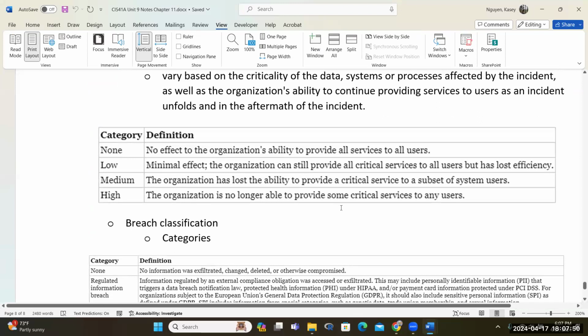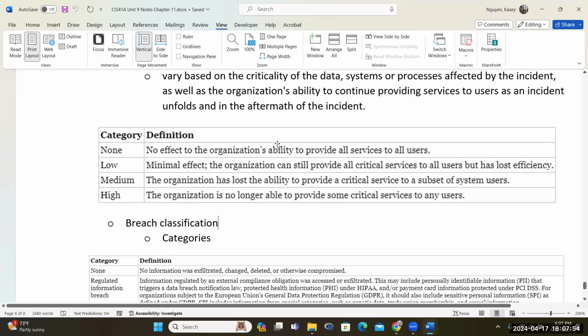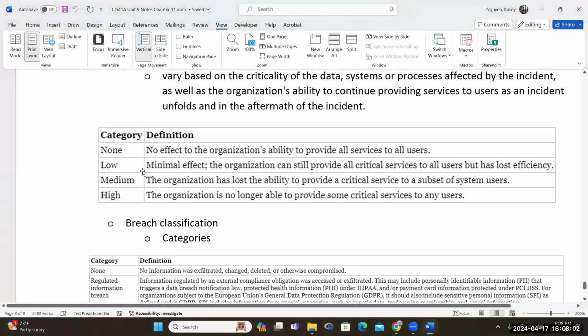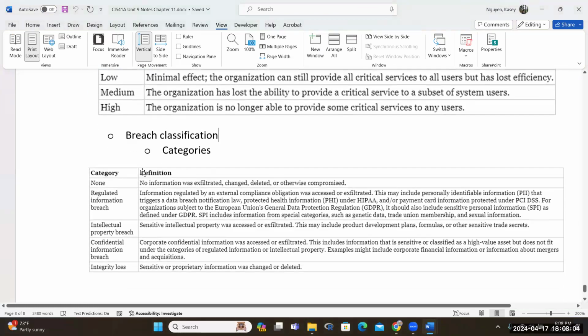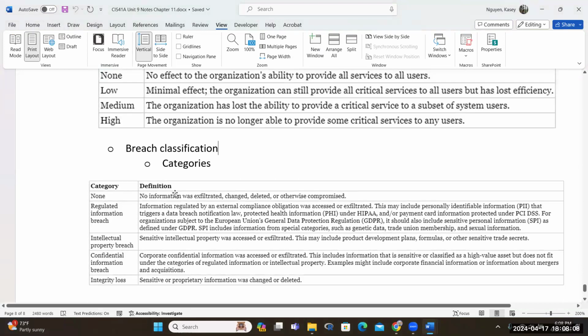So here I showed you an example. You don't have to follow it this way. There are different ways, but this is a category or a qualification of your functional impact. I like point-based, or I like numbers better, because it distinguishes things more clearly to me.